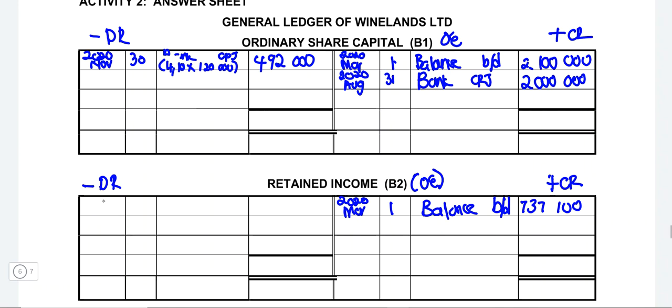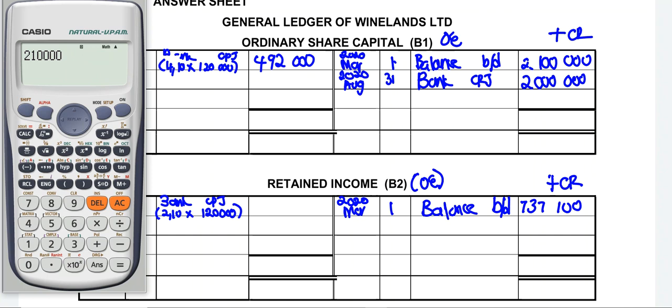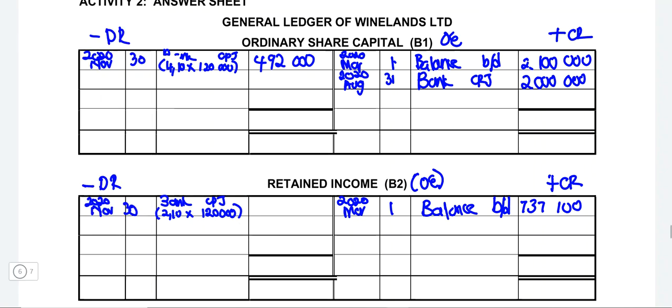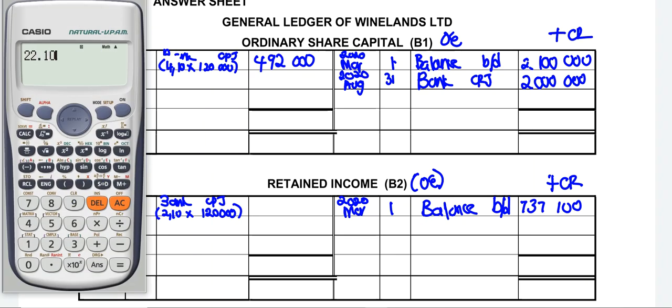So remember, it's going to be 2020 November 30, and then we'd have bank, and then CPJ, and then we show that we said 2 rand 10 multiply by 120,000. Let's see, 2 rand 10 multiply by 120,000 is giving us 252,000.